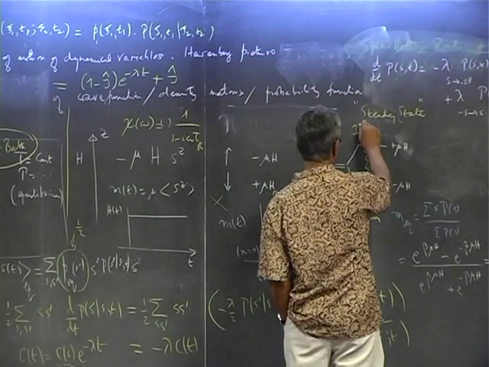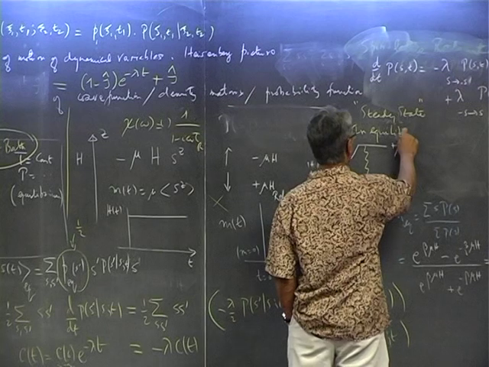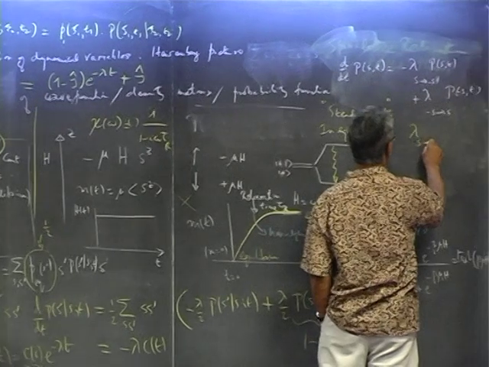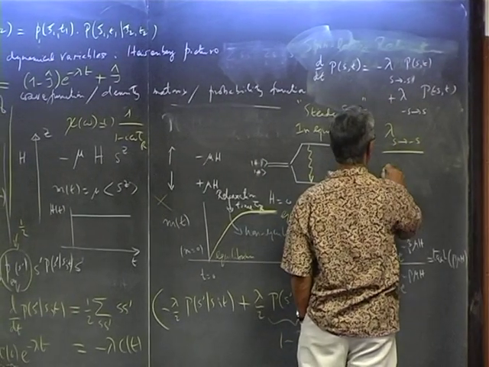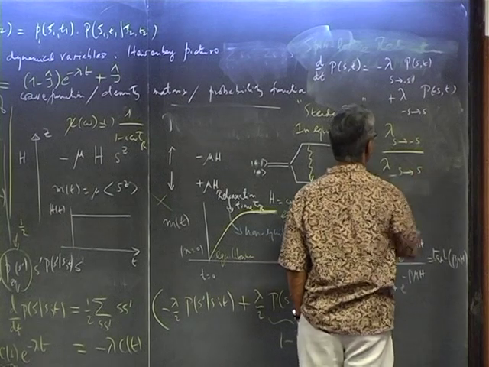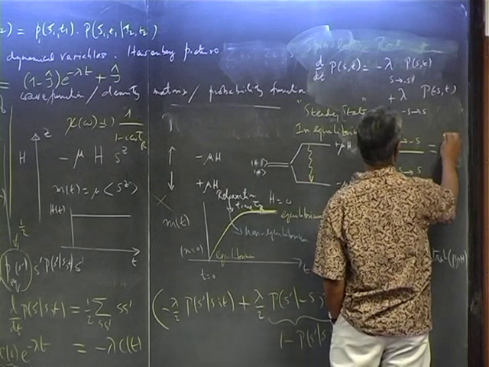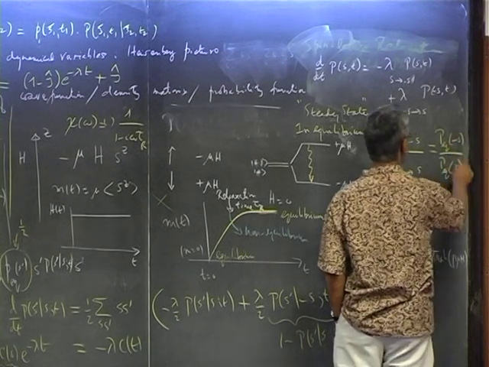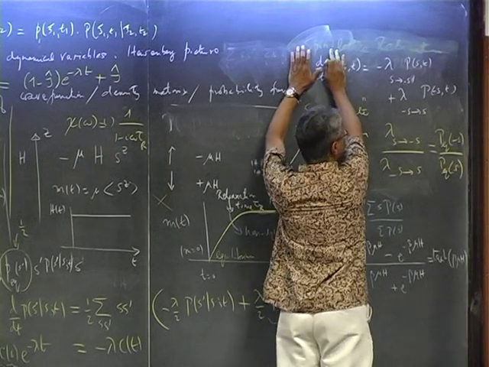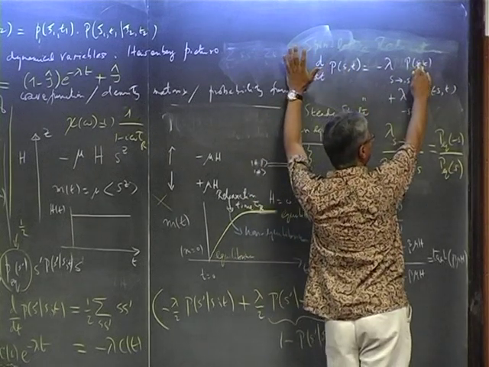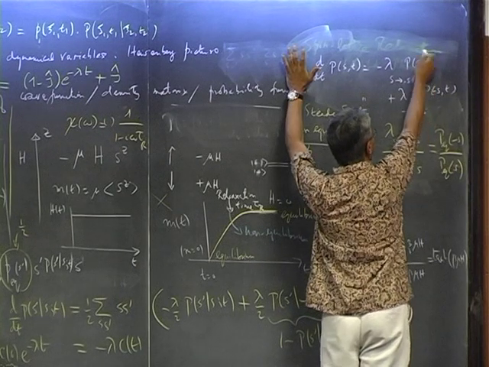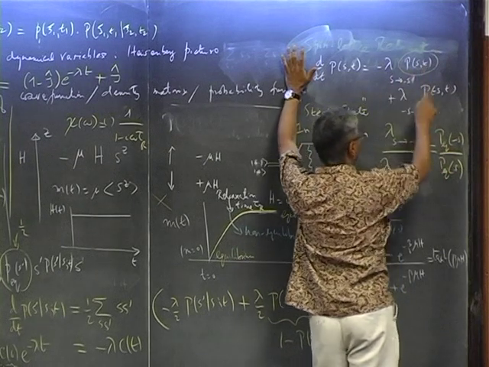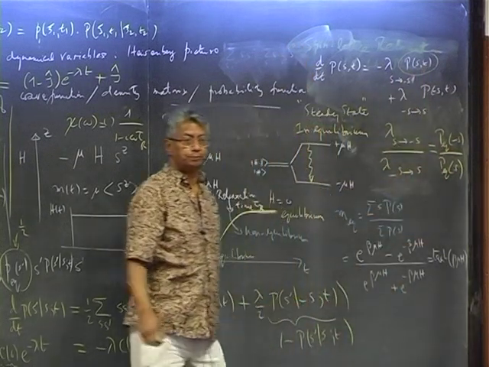So in equilibrium, the left-hand side is equal to 0, which means that lambda s going to minus s divided by lambda minus s going to s has this ratio equal to P equilibrium of minus s divided by P equilibrium of s. I've set the left-hand side equal to 0, and as time t progresses to infinity, this has reached equilibrium, so that is P equilibrium of s, and this is P equilibrium of minus s.